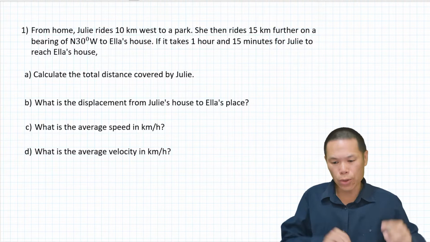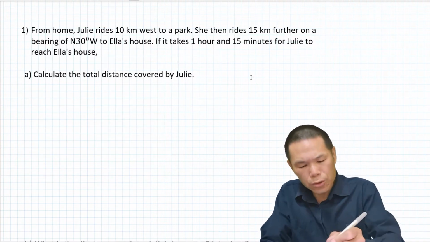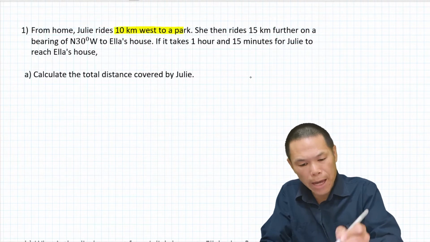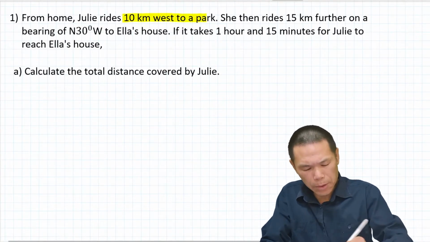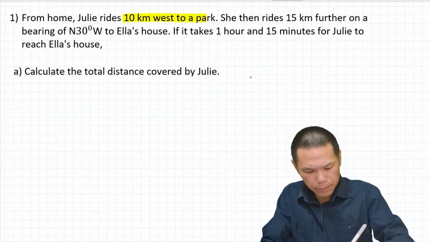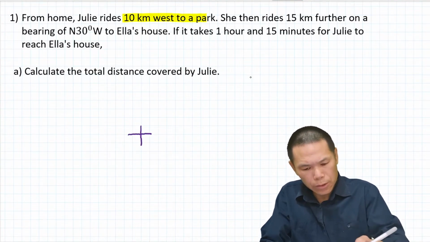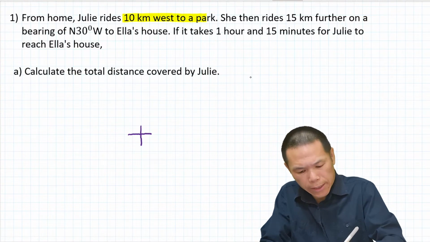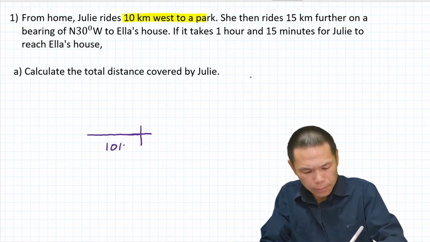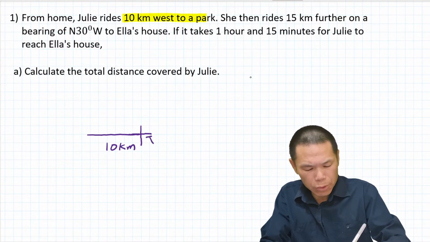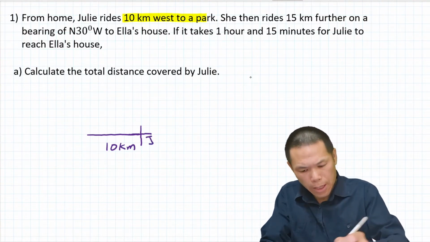So let me just draw a diagram out first. Julie rides 10 kilometers west to a park. Let me just draw a reference point first. So she goes 10 kilometers west, starting from Julie's house and then to a park.